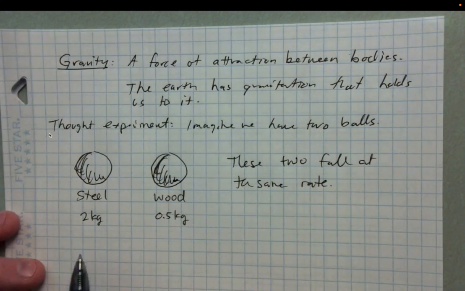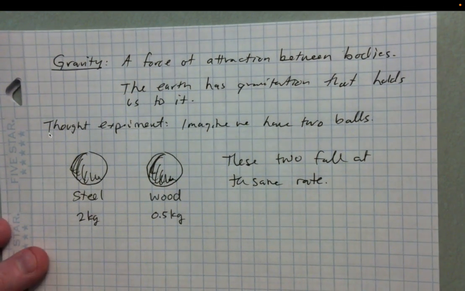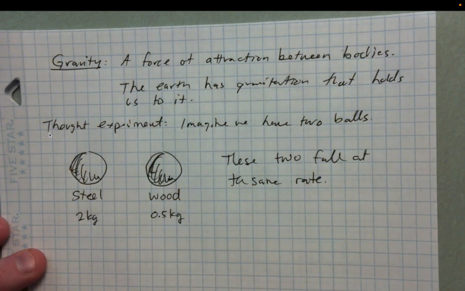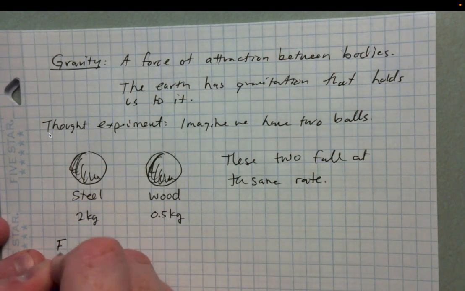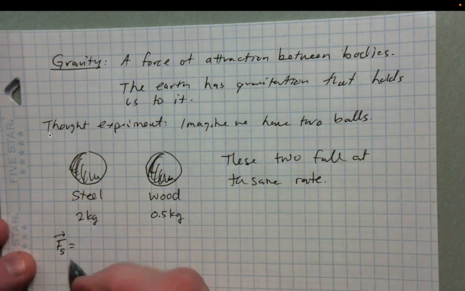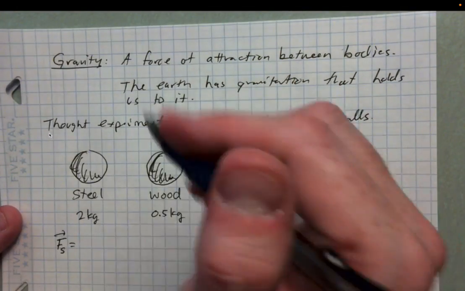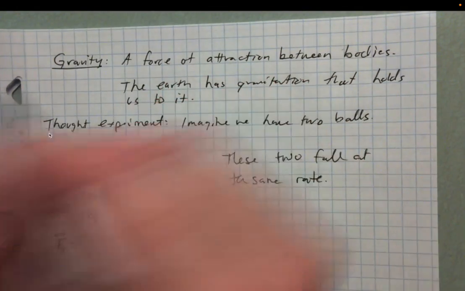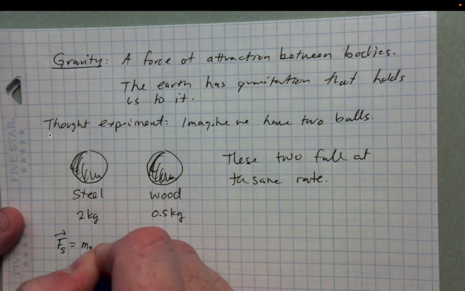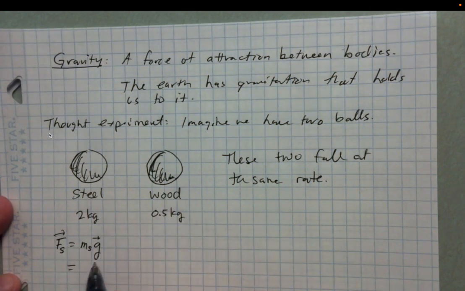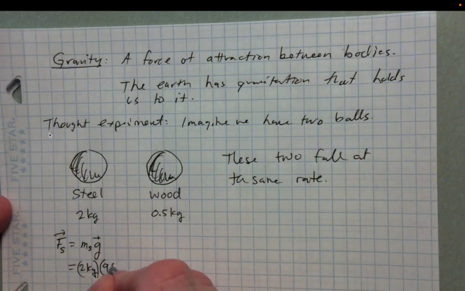So the steel ball has a mass of 2 kilograms. Let's think about the force of gravity operating on the steel ball. We'll denote it as F of S. The force caused by gravity can be thought of as m times g, so this would be 2 kilograms times 9.8 meters per second squared.